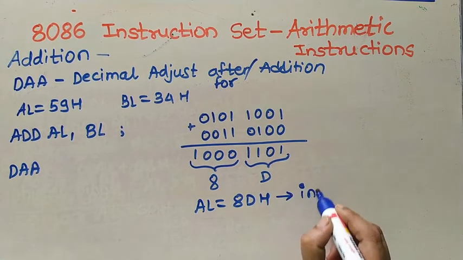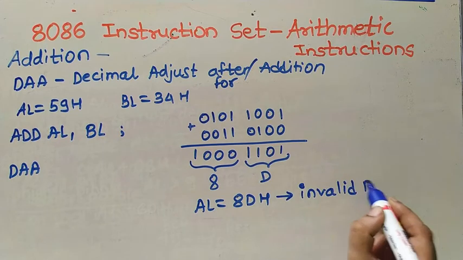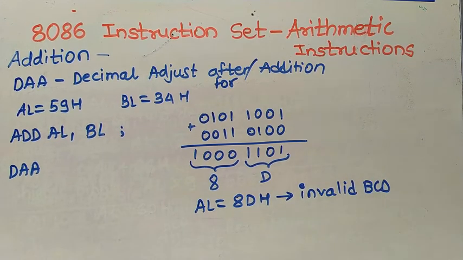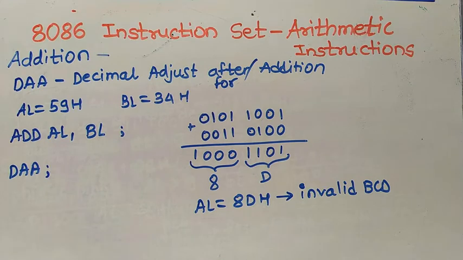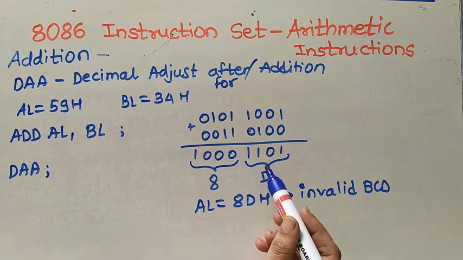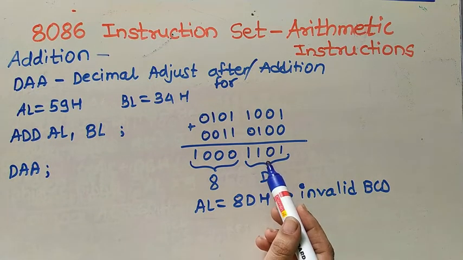It is an invalid BCD number, and due to this, to make the result valid, the DAA instruction is used. In this DAA instruction, the nibbles of AL are checked, the lower nibble and the higher nibble.